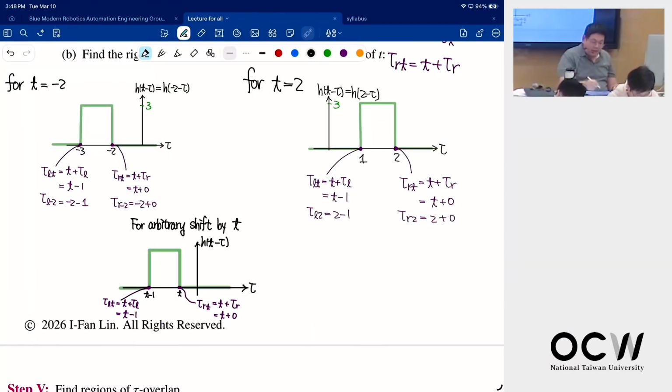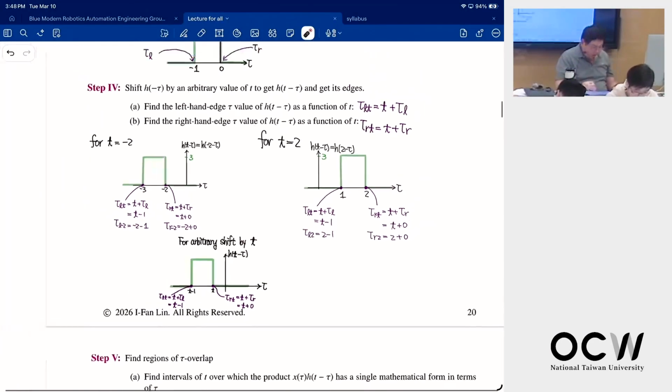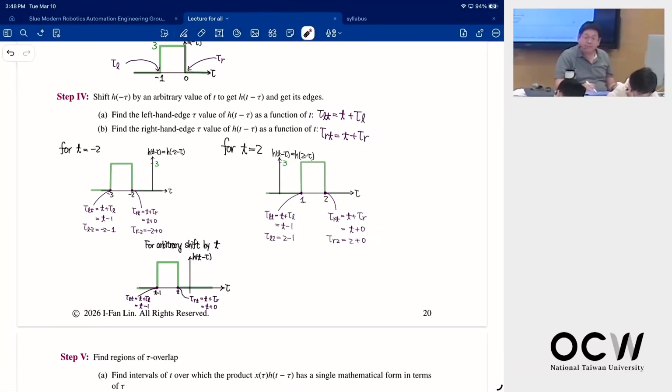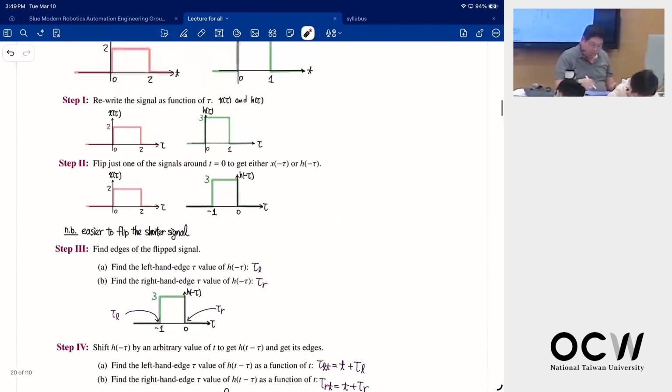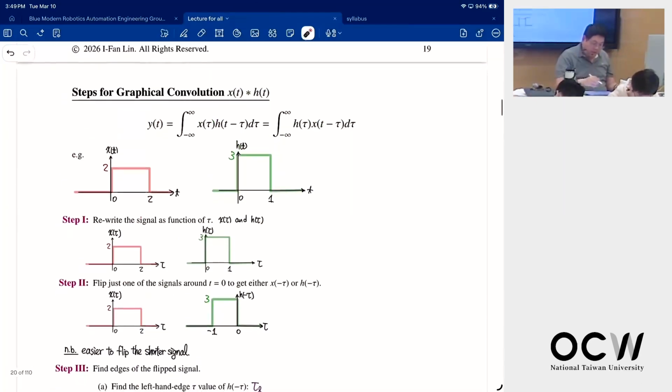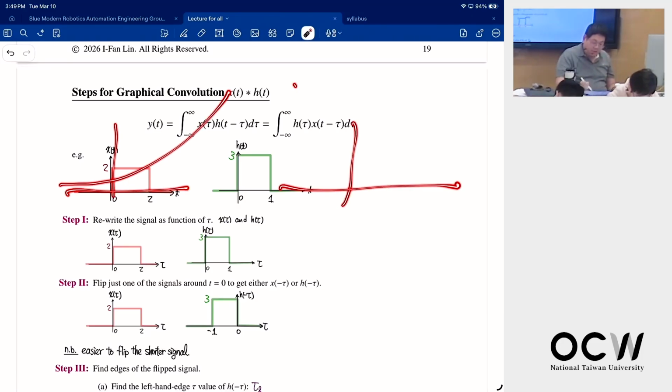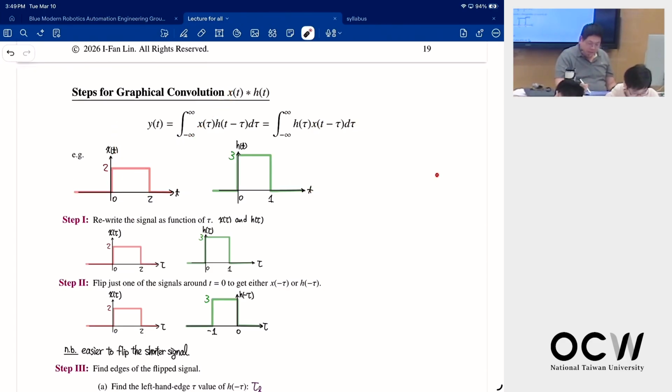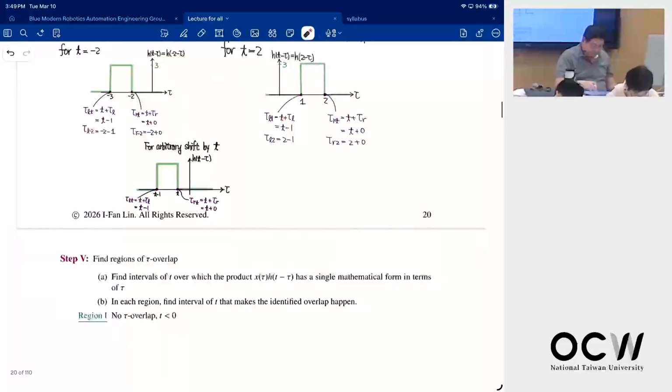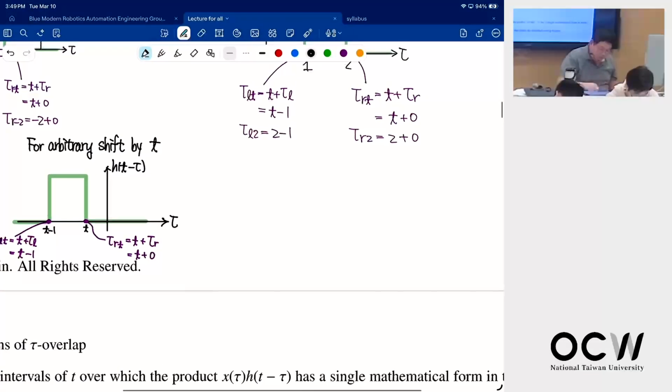In this case, you can see that the signal I flipped is finite duration. What if we are not that lucky? The x is exponential, the h is, or maybe this, exponential. So it looks like there's no ending point. Then what should we do here?